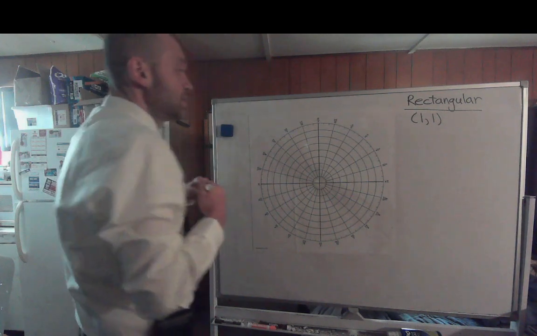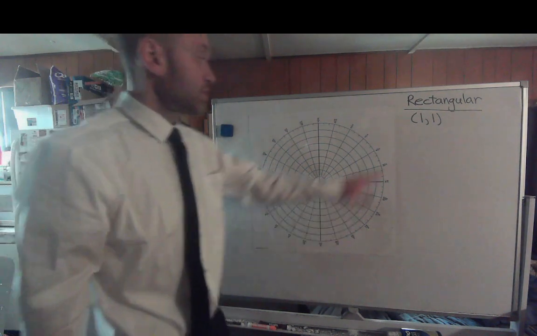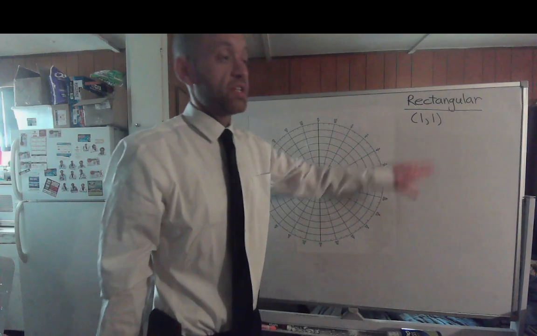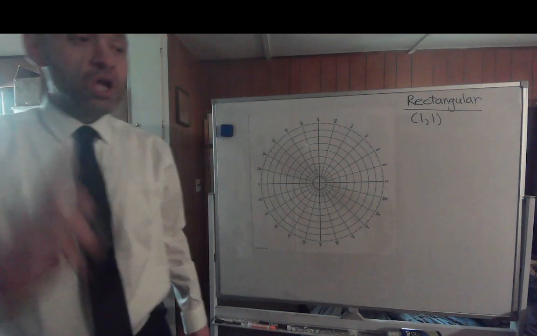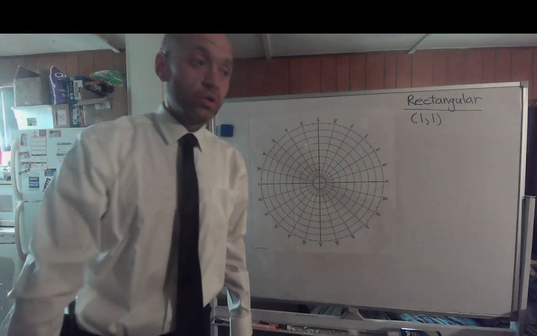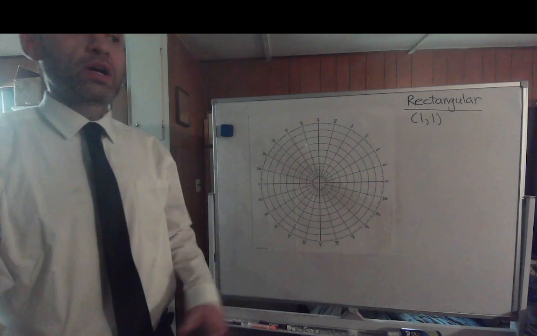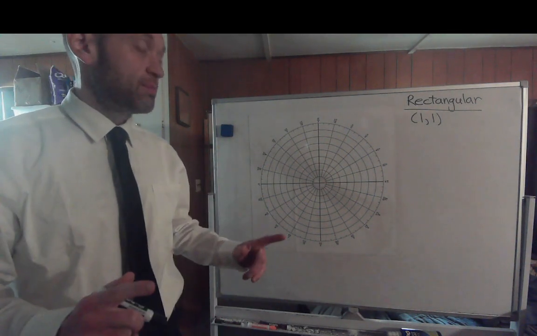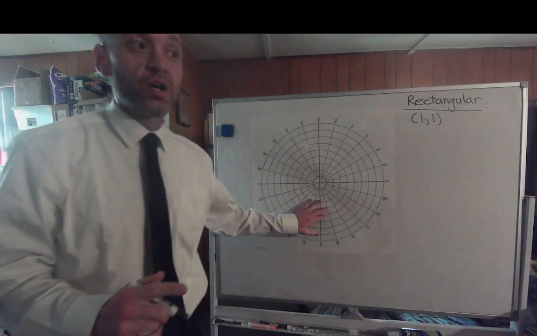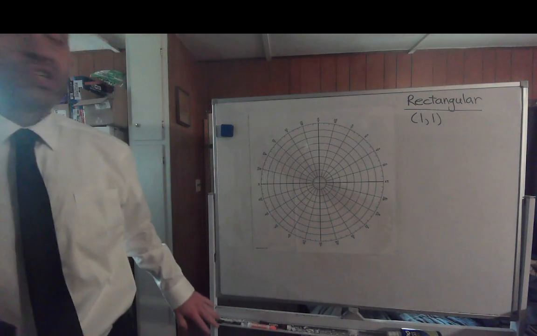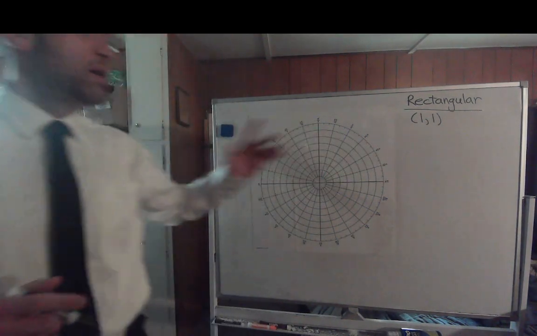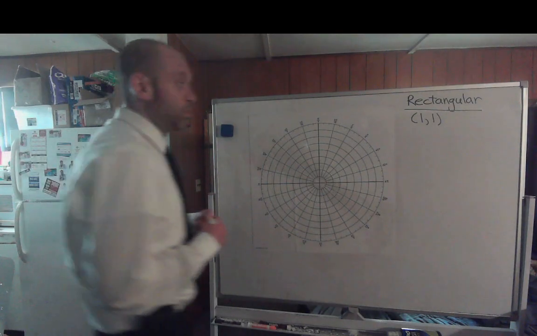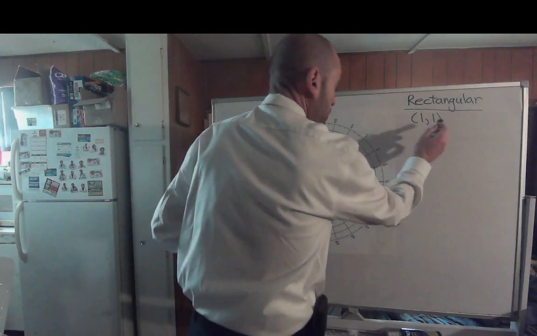So there's 1, 1 in the rectangular system, and that's going to be in the first quadrant. Now, what holds true between the rectangular and the polar system is that you should end up in the same quadrant on both. That shouldn't change. It's just going to be what your ordered pair is called. But we have the point 1, 1, right? So x is 1, y is 1.